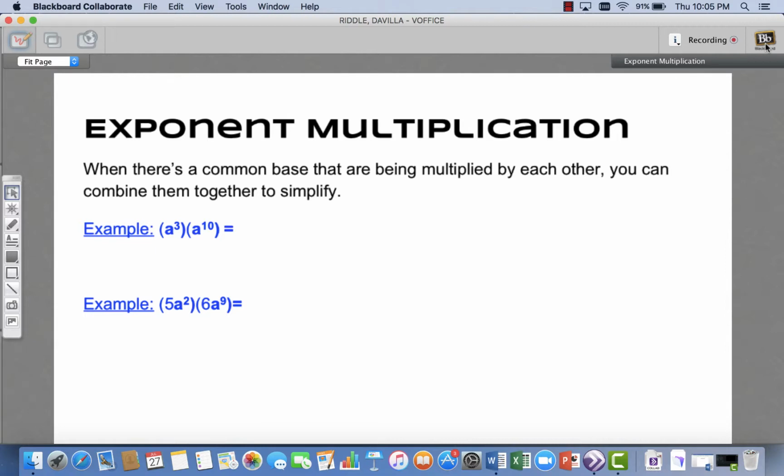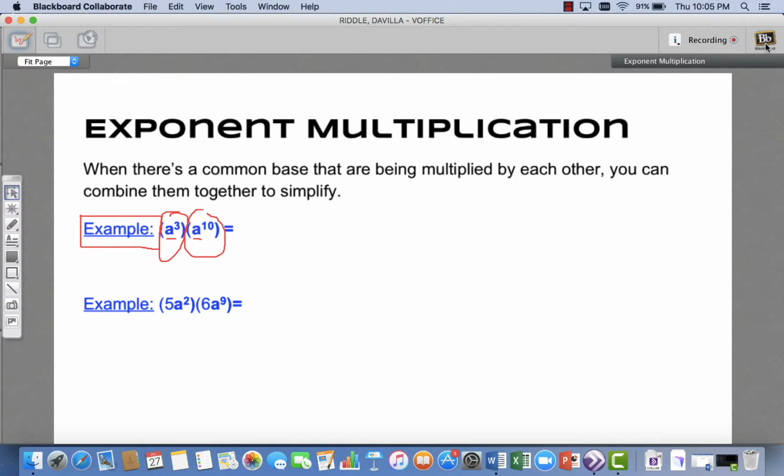Next, we will be talking about exponent multiplication. When there's a common base being multiplied, you can combine them together to simplify. As we mentioned earlier, the base is the bigger number, the one that's not floating up in the air. In this example, the base would be a, and both sets of parentheses have a as the base.